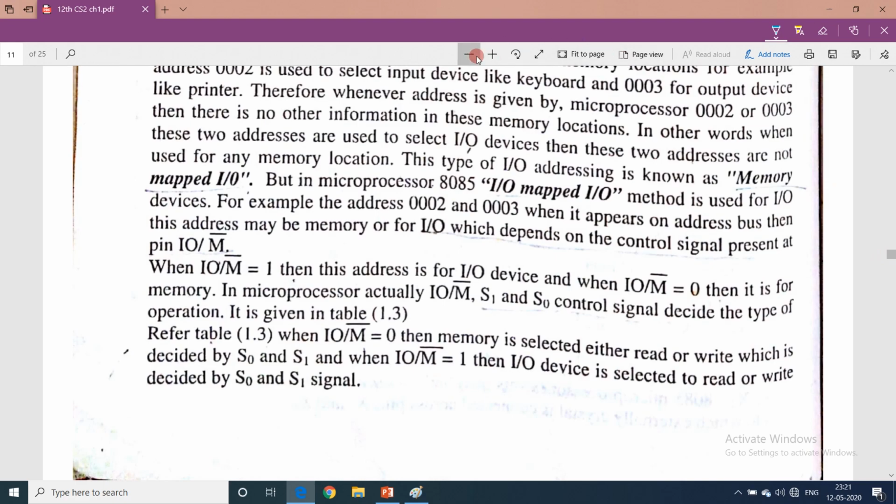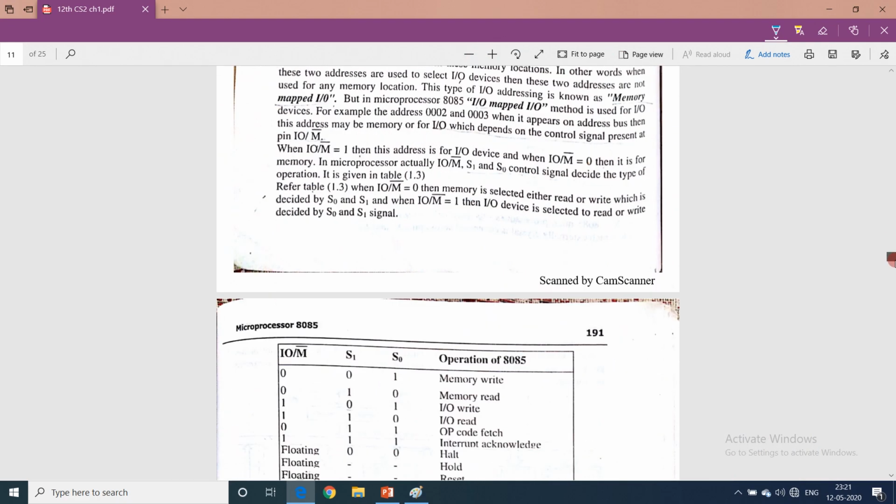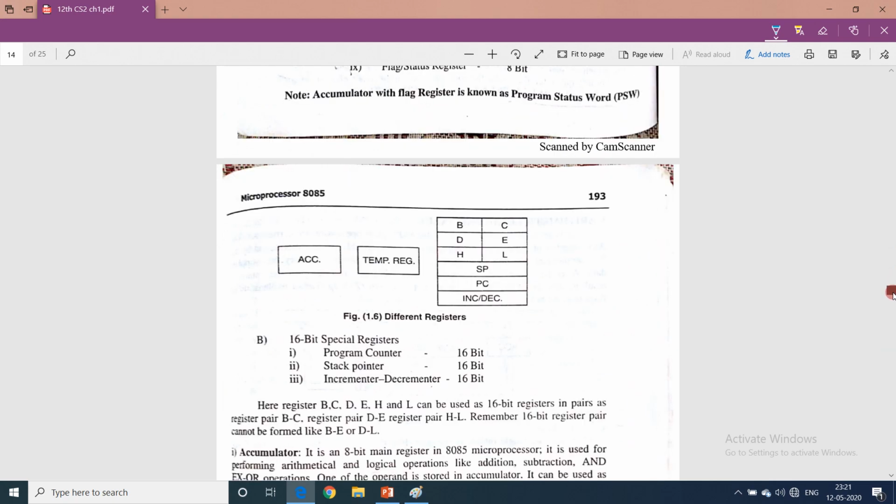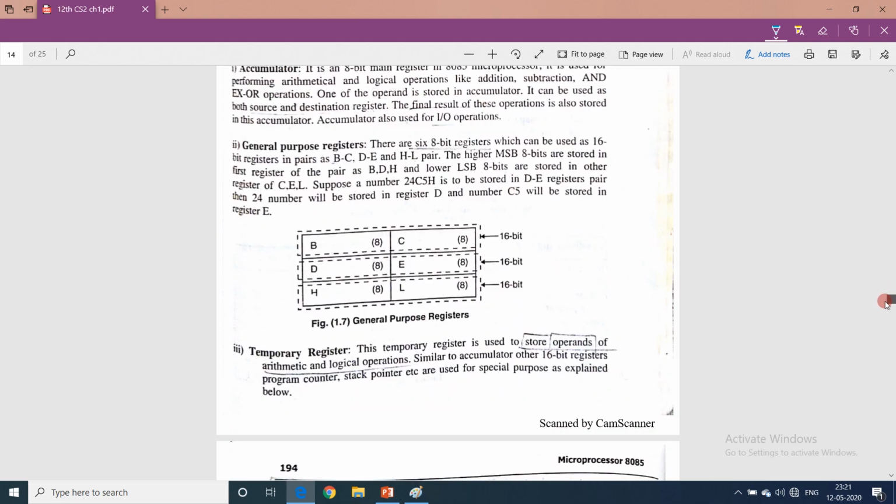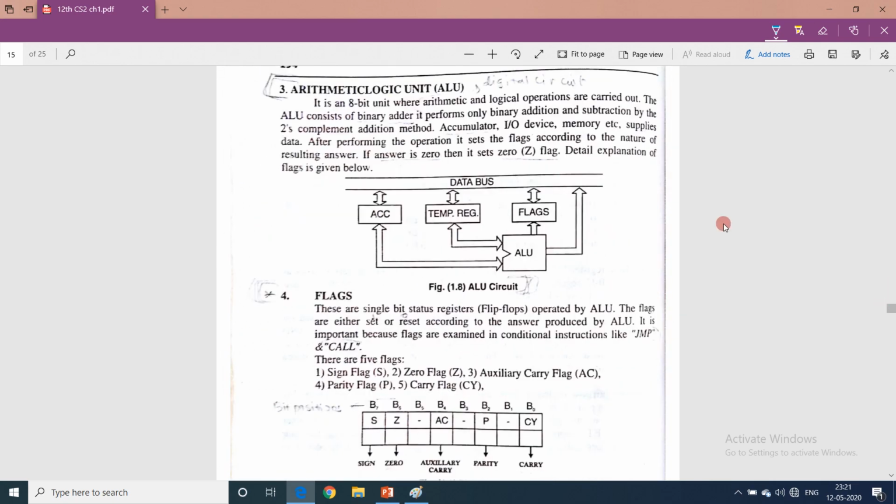So let's get back to where we left off in the ALU of the 8085. It is an 8-bit unit. This we have finished reading. Here we were: the ALU consists of a binary adder. The adder is mostly for binary addition and subtraction. We discussed the binary adder circuit in 11th standard also, in depth in the CS2 syllabus.